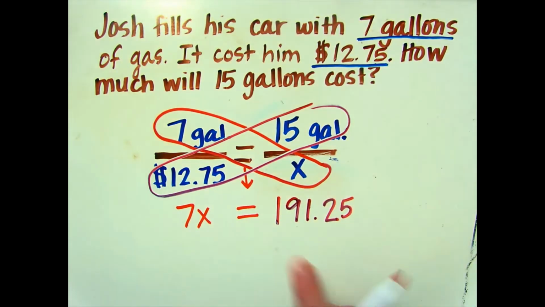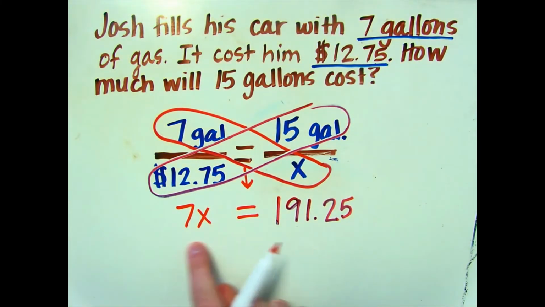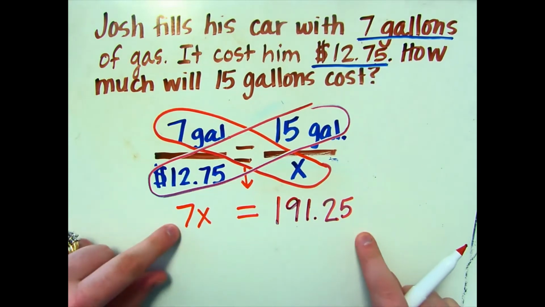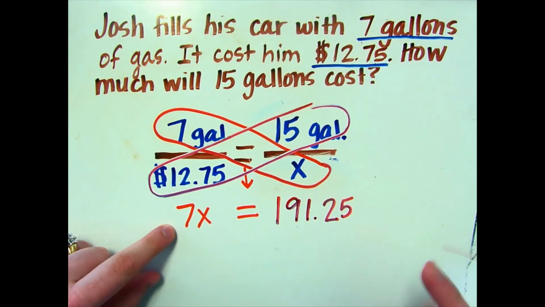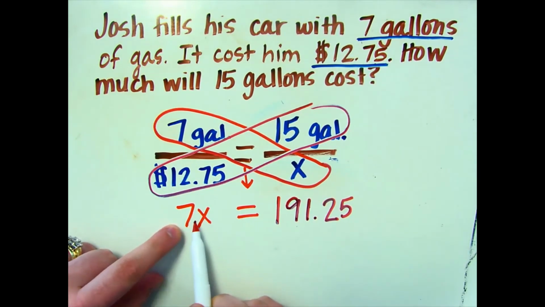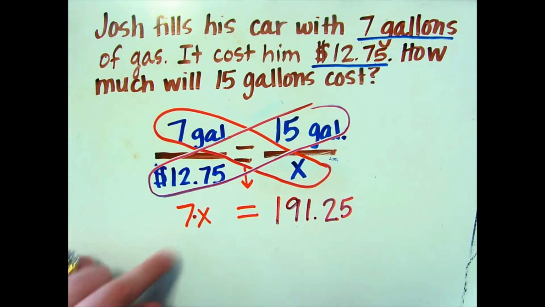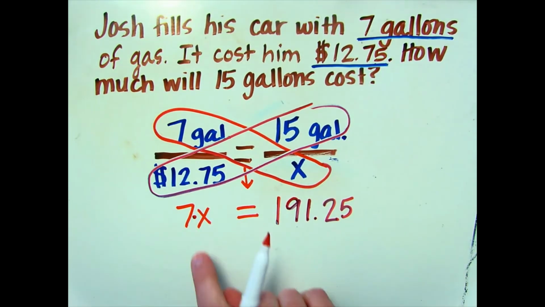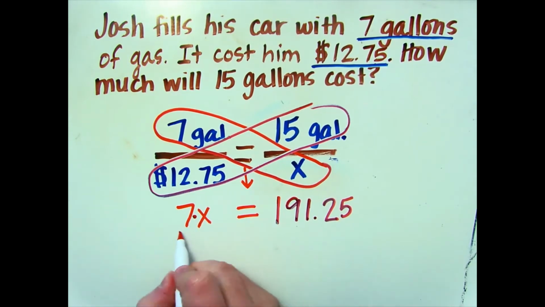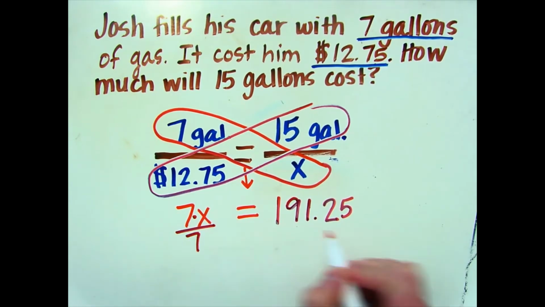If you look right here, this is a one-step equation. You did get to see some of these in 6th grade, but just to review, 7 and x are being multiplied. Multiplication is the only operation that can hide. They don't have to write that symbol. To get rid of multiplication by 7, I would have to divide by 7.